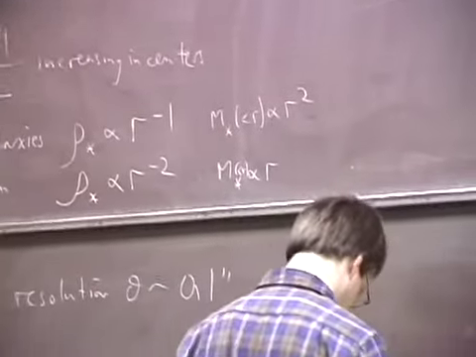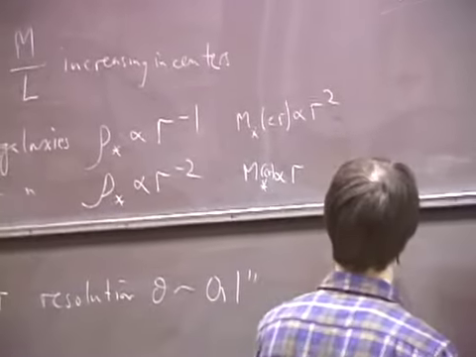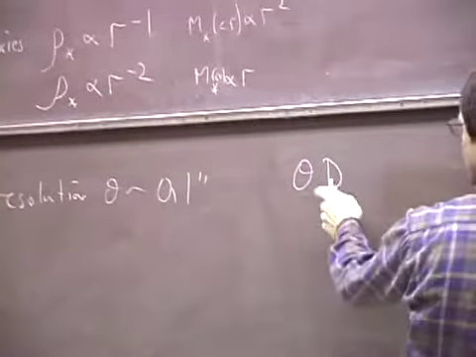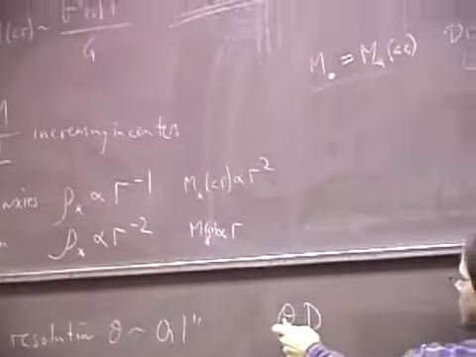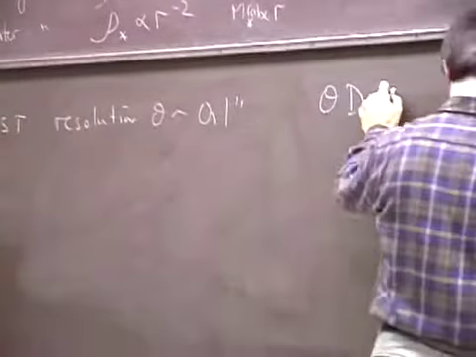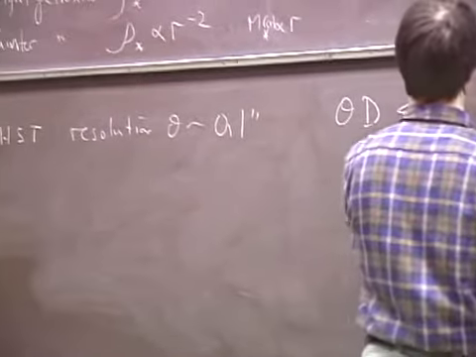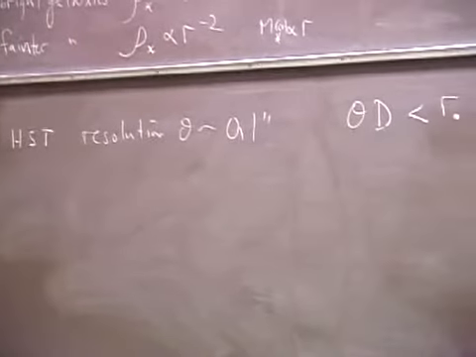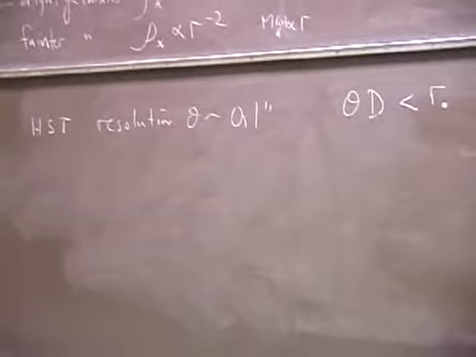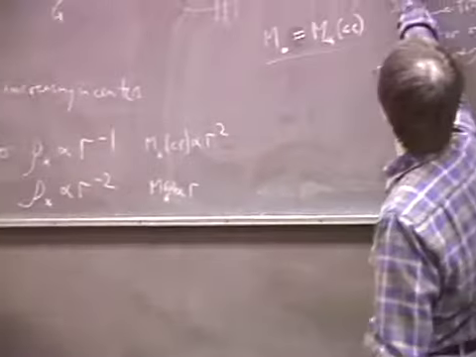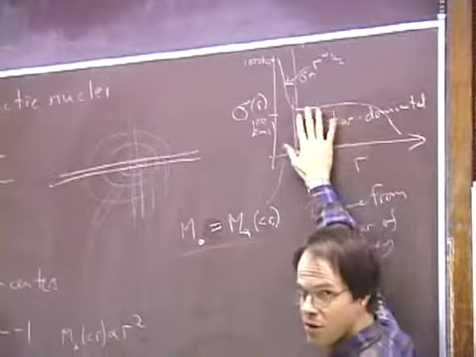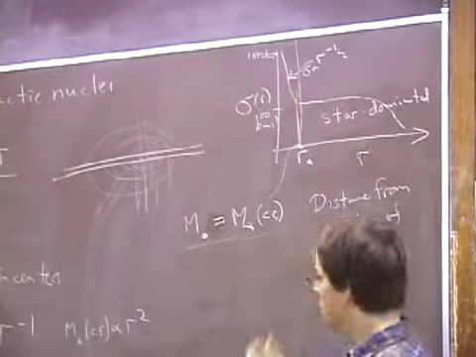So if we want to see this rise, we need to have, if this is the distance to the galaxy, the angular resolution times the distance must be less than the radius where the black hole begins to dominate the dynamics. Otherwise, when we take our spectra, we can only measure the velocity dispersion of the stars out here, and we're never going to notice the black hole.